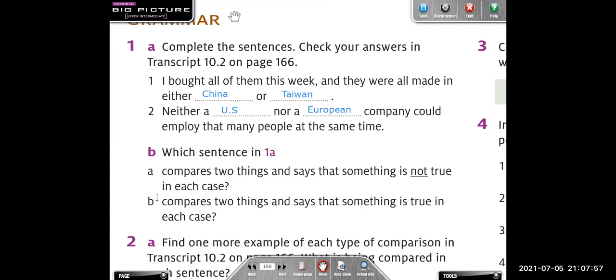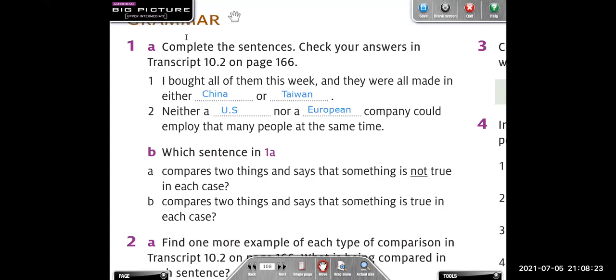So you have to tell me in which of these sentences we are comparing two things and say that something is not true in each case. What do you think? In which of them we are comparing two things and we are saying that something is not true in each case?